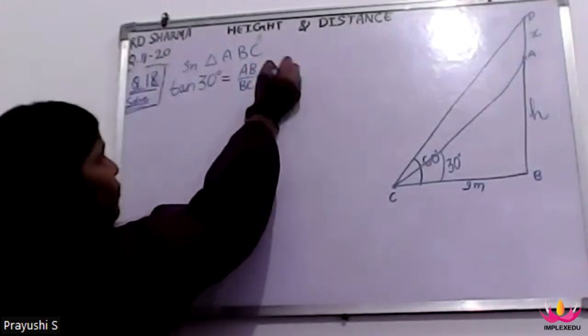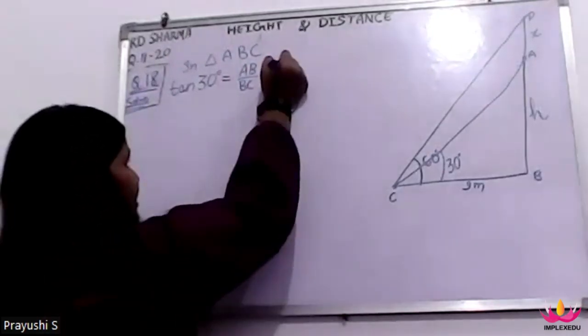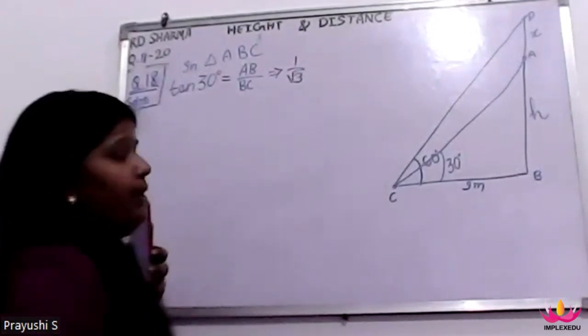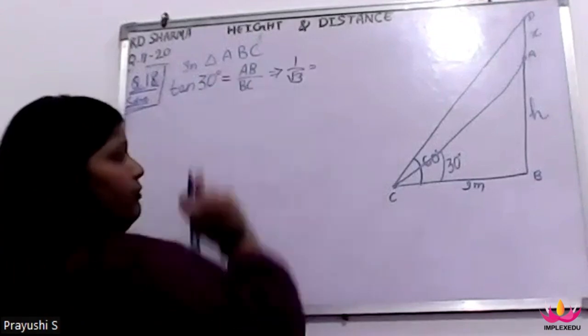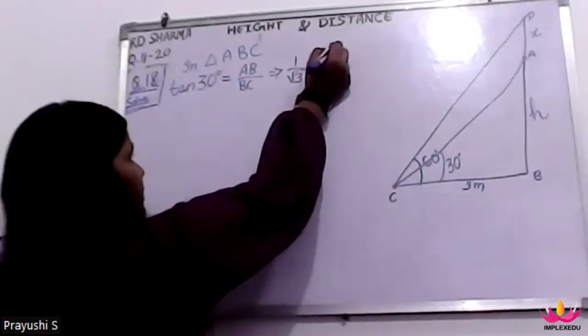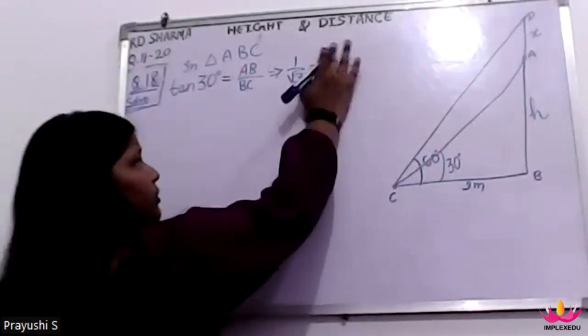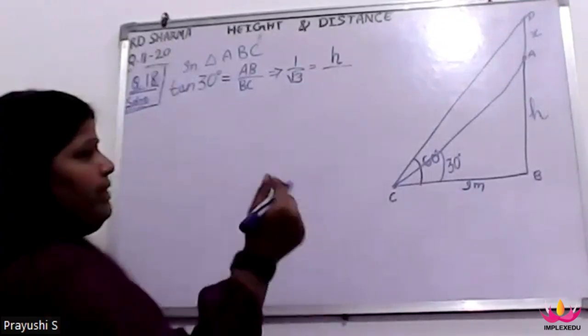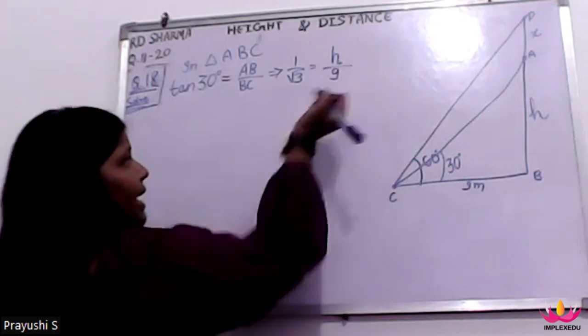Now what is the value of tan 30? That is 1 upon root 3, so we will write 1 upon root 3 here. And what is the value of AB? That is h. So we will write h here, and the value of BC is 9, so we will write 9 here.